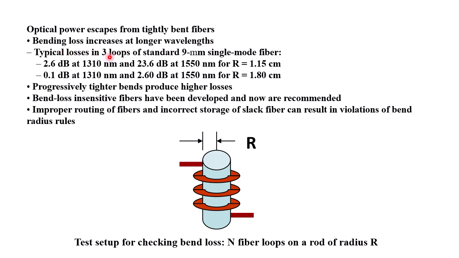So typical losses in 3 loop of standard 9 mm single mode fiber, that is 2.6 dB at 1310 nanometer and 23.6 dB at 1550 nanometer for r equal to 1.15 centimeter, that is bending radius or radius of curvature, and for 1.8 centimeter radius of curvature the corresponding losses are like this: 0.1 dB at 1310 nanometer and 2.6 dB at 1550 nanometer.